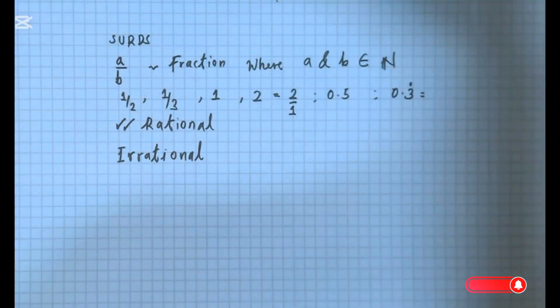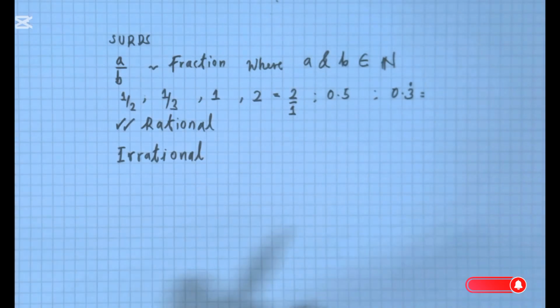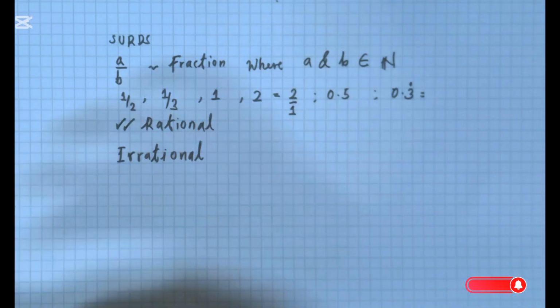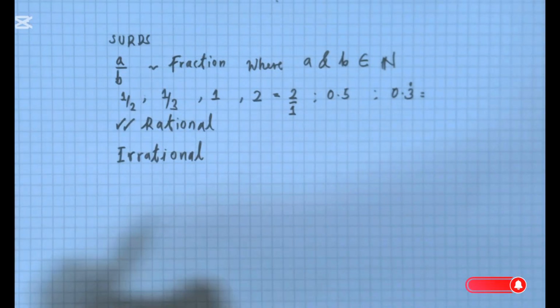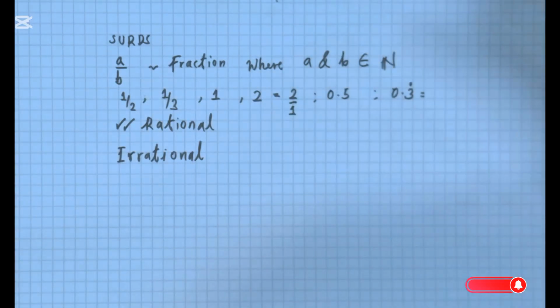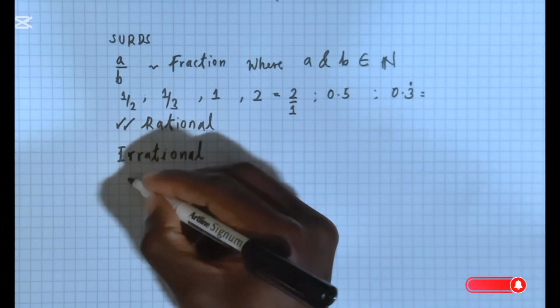The complete opposite of that is what we call irrational numbers. Irrational numbers are numbers that cannot be written as fractions. Even if they were expressed as decimals, they would not terminate at any point or show any recurring trends.